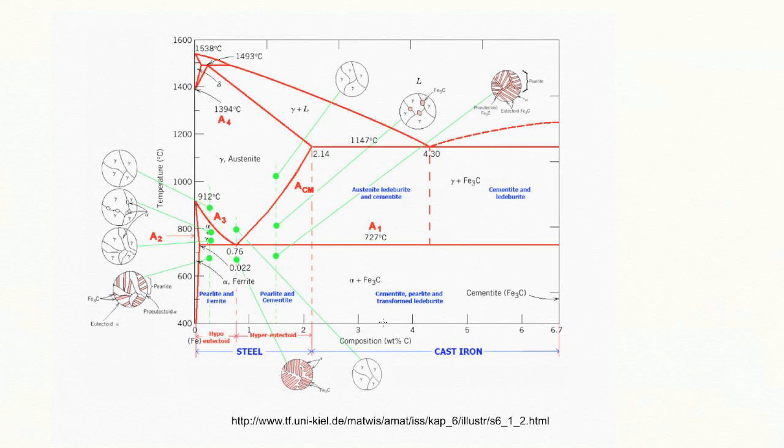Different areas will give you different properties, different melting points, different structures. These are the structures and the melting points and the temperature here. So it's important for us to understand how steel behaves when you have carbon impurity in it.